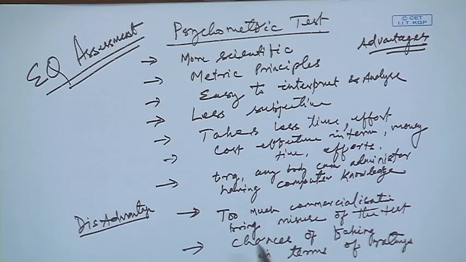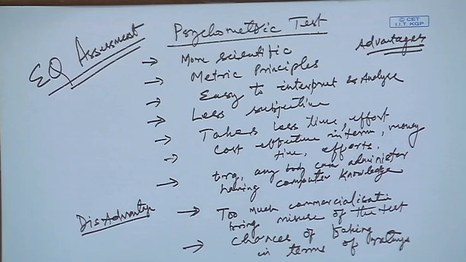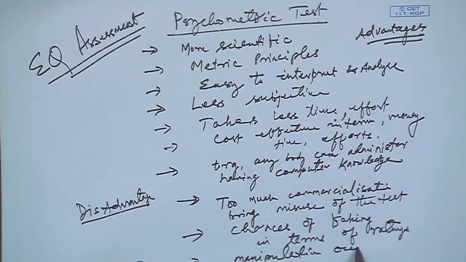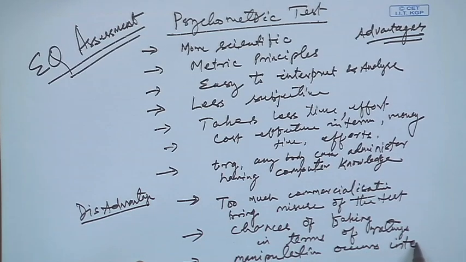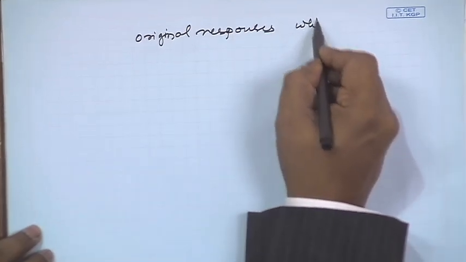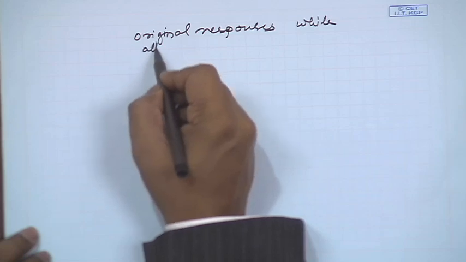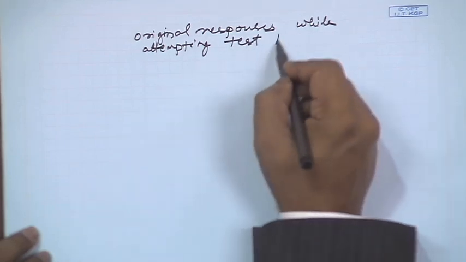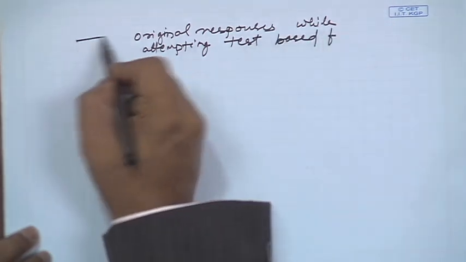In terms of forced choices, manipulation occurs in terms of original responses while attempting a test based on forced choices.